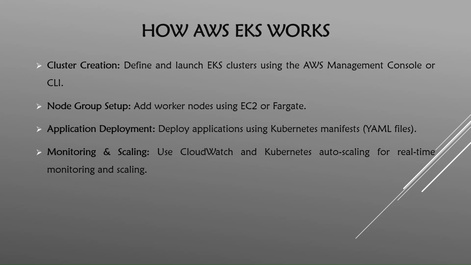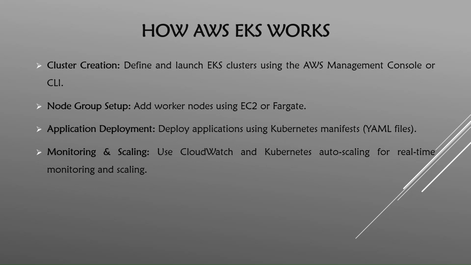AWS CloudWatch helps you monitor how your cluster is doing, like tracking CPU usage and memory. If your application needs more resources, Kubernetes can automatically scale your applications up or down. Additionally, you can set up automated scaling for worker nodes if more capacity is needed.